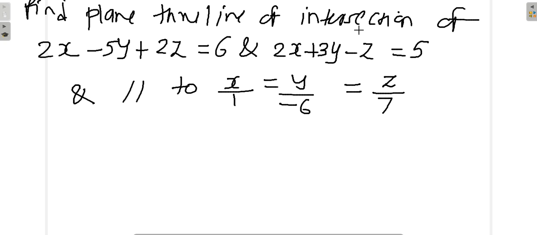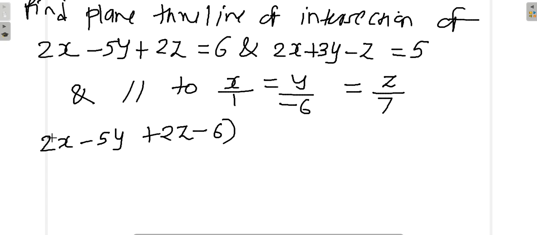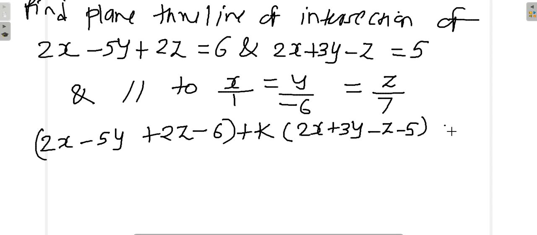Now the equation of plane which passes through the line of intersection of two planes is given by, suppose this is u and this is v, u plus kv equal to 0. So the equation of required plane will be 2x minus 5y plus 2z minus 6 plus k times equal to 0.